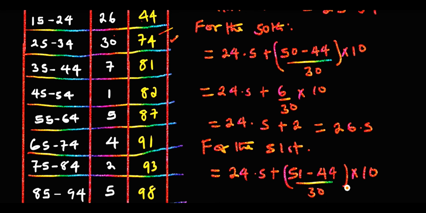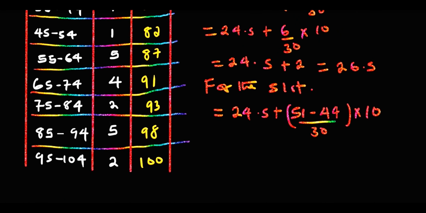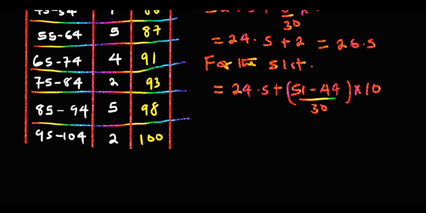So let us again simplify this and see what we get. So this will be the same as 24.5 plus this. This is 51 minus 44, that is 7 over 30 times 10.